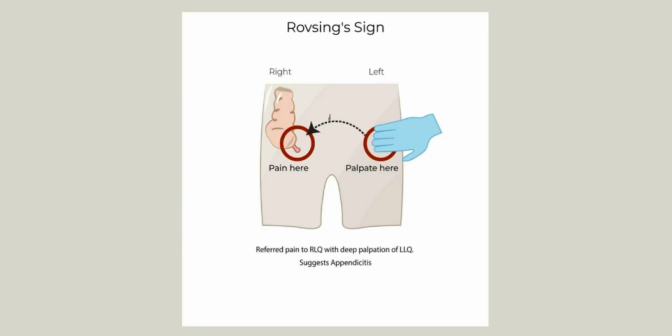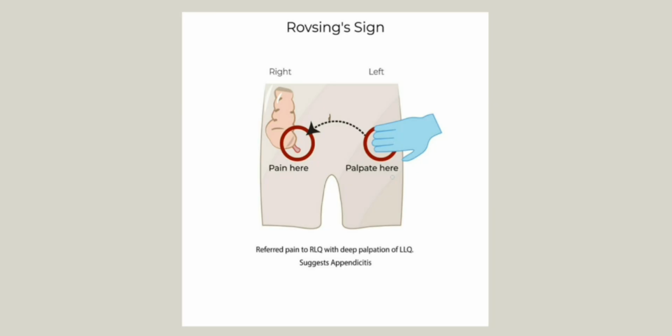Moving on, this is an image showing how to elicit the Rovsing sign. The patient feels pain in the right iliac fossa, but when the left iliac fossa is palpated, the patient feels pain in the right iliac fossa because of the irritation of the parietal peritoneum.